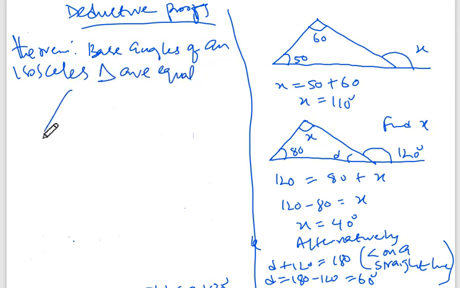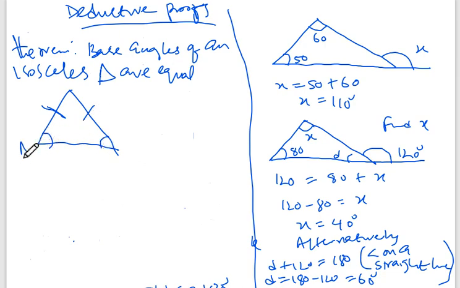This symbol stands for isosceles triangle. An isosceles triangle is a triangle that has two angles and two sides equal. So this side is equal to this side. The angle facing this line, where is it? Here, right? And where's the angle facing this? Here, right? So this angle is equal to this angle.